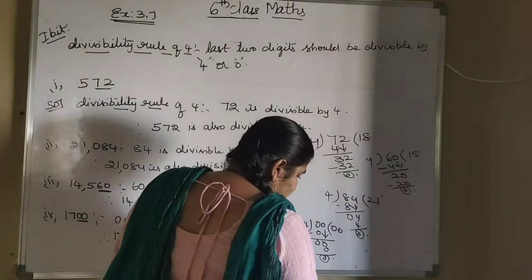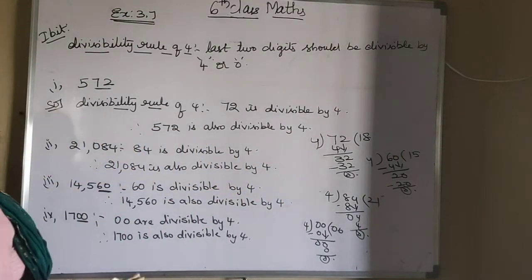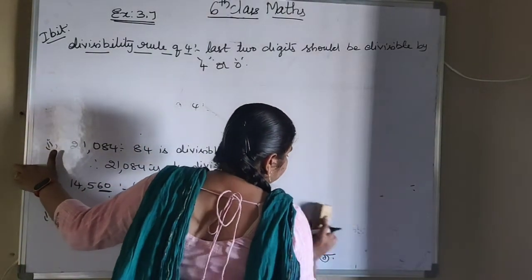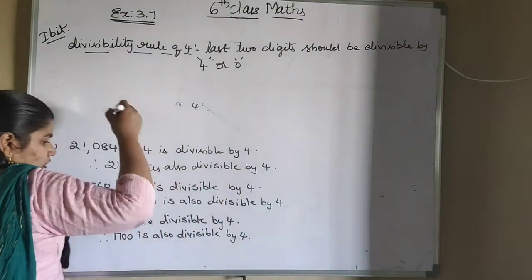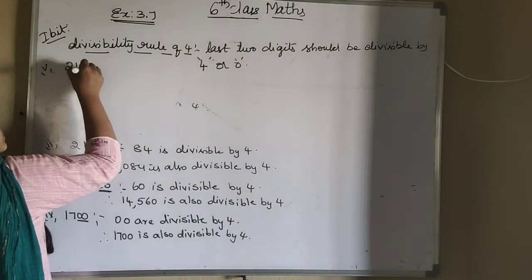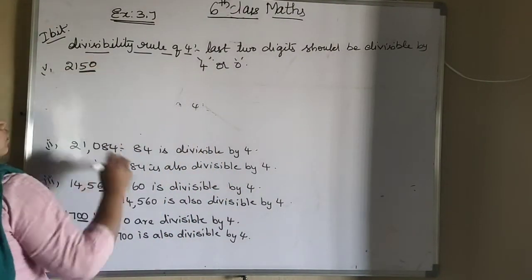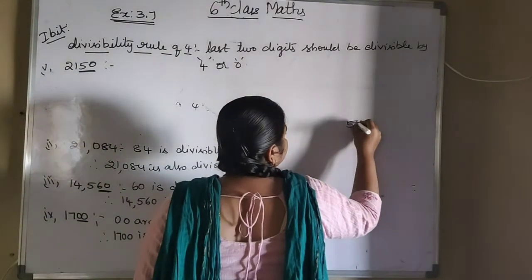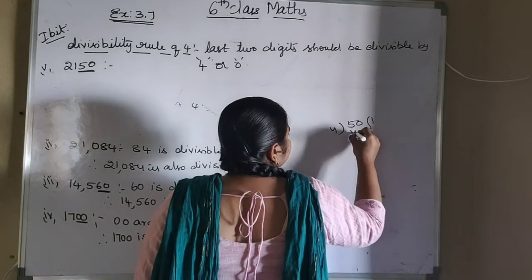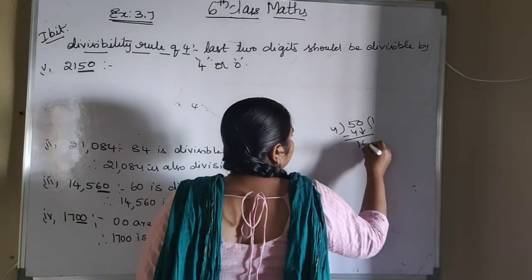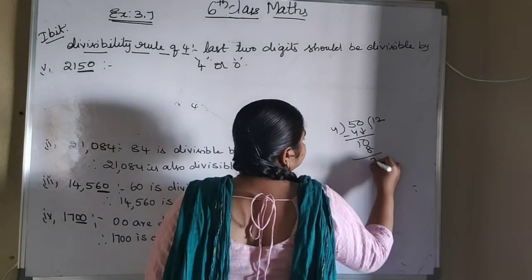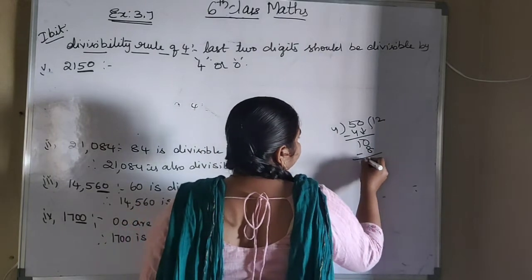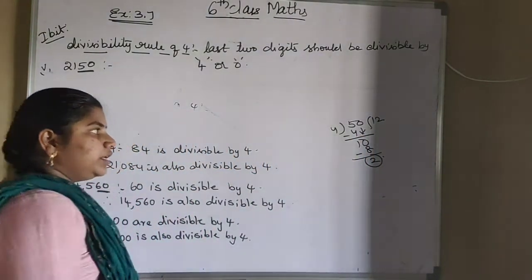Next, the last one is 2150. We will see whether it is divisible or not. This is the fifth one. If 50 is divisible, the whole number will also be divisible. Check for 50 now. 4 ones are 4, 4 twos are 8. So you got the remainder as 2.